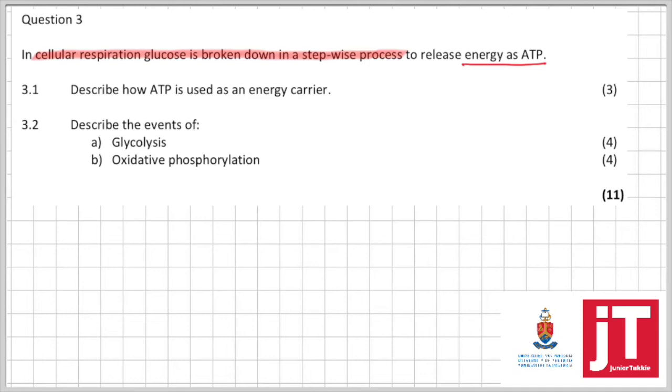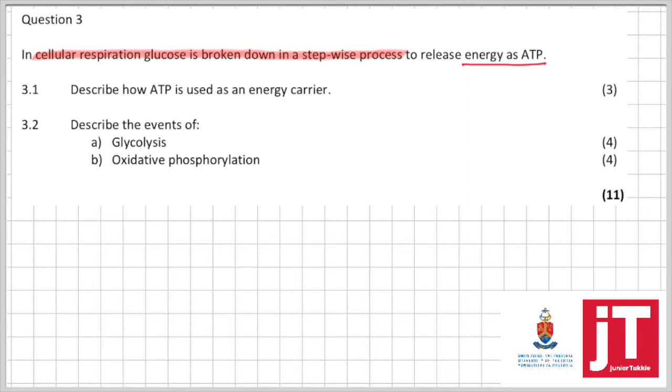Now, another way to ask this question would be to explain how ATP is used. But when we look at the difference between describe and explain, and this is where a lot of students make a mistake, when the question refers to explain as your action word, we need to look at the what and the why. So in other words, what is being referred to, and why is this happening the way that it is happening? When we talk about describe, we're only talking about the what.